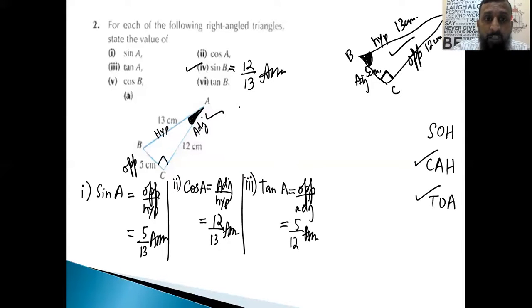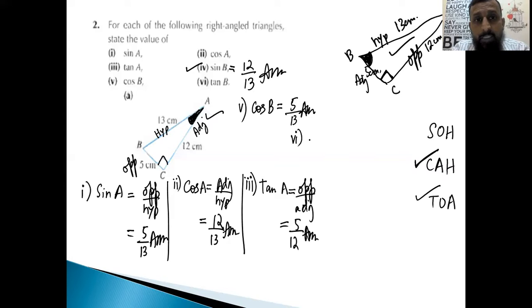Considering part 5, cos B. So dear student, for cos B, we will be using the word ka, means adjacent upon hypotenuse. Adjacent is 5, hypotenuse is 13, so it's 5 upon 13. That's the answer of part 5. Now part 6.